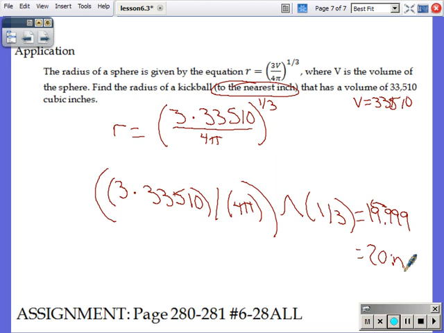So if you're going to do 3 times 33,510, whole answer, write it down. 4 times pi, whole answer, write it down. All calculators have a pi button. Use it. Do not use 3.14. You're chopping it off way too early. Final answers to be rounded? Not a problem. Do not round intermittent steps. You have a calculator, let it do its job.